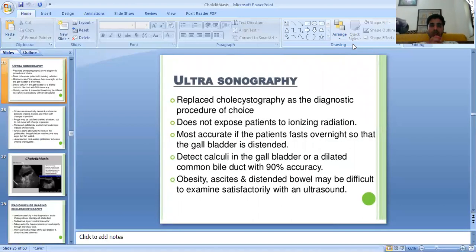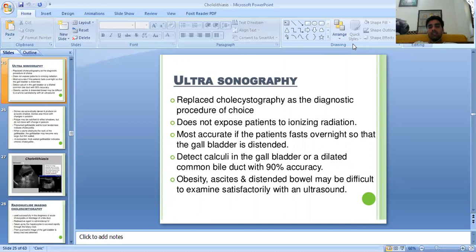Ultrasonography has replaced cholecystography as the diagnostic procedure of choice. It does not expose the patient to ionizing radiation. It is most accurate if the patient fasts overnight so that the gallbladder is distended. It detects calculi in the gallbladder or a dilated common bile duct with 90% accuracy.